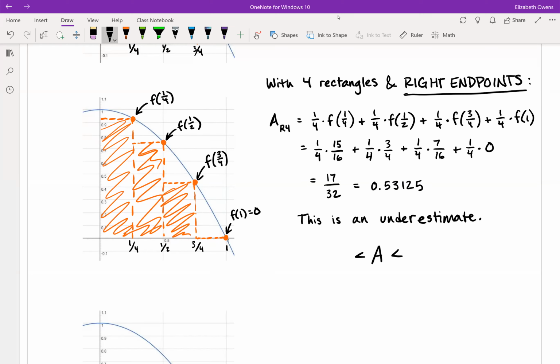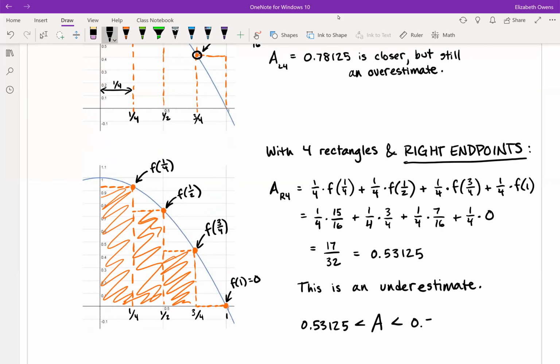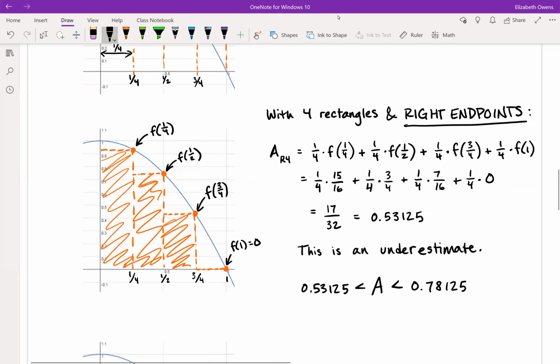Okay, so the area is greater than 0.53125, since that was our underestimate, and the area is less than 0.78125, because that was our most recent overestimate. Okay. You might say like, well, isn't there some way we can meet in the middle here, like find something in between? And yes, there is.